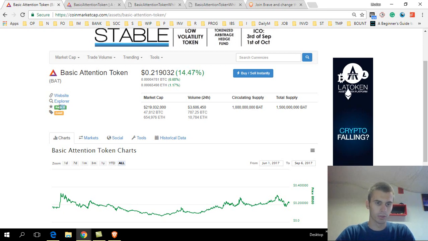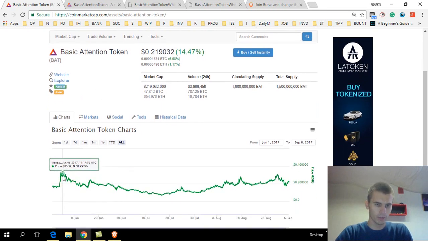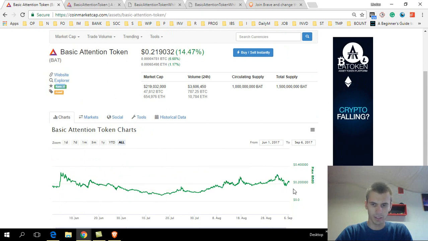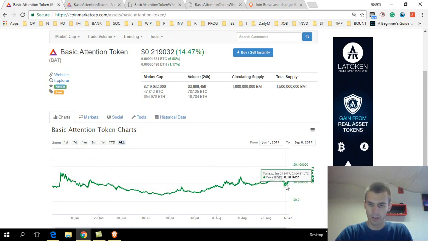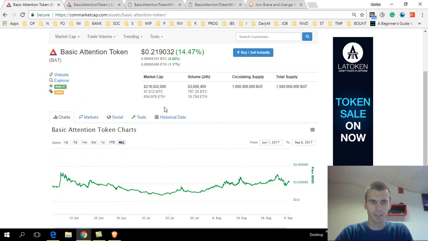It's ranked number 37, so it's a decent token at a decent place, and the price has varied from 30 to even 7 cents, and right now, from the bloodbath, it has jumped up to 22 cents, so the price is quite stable.